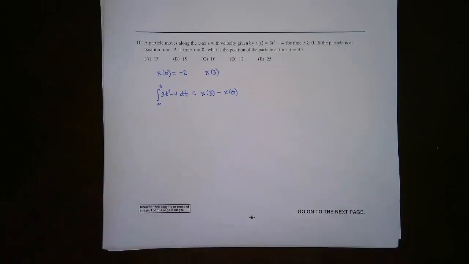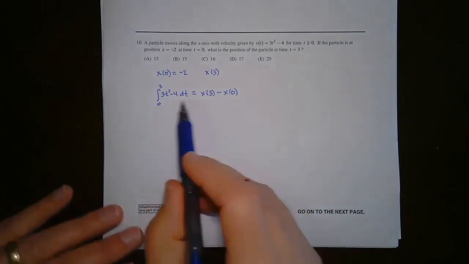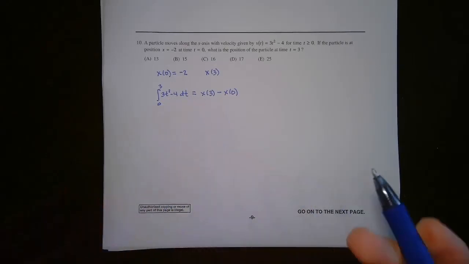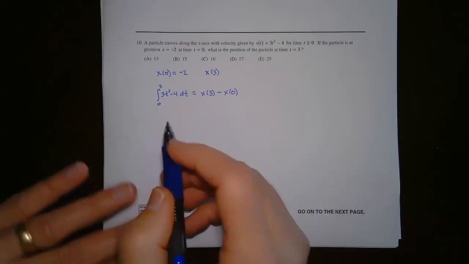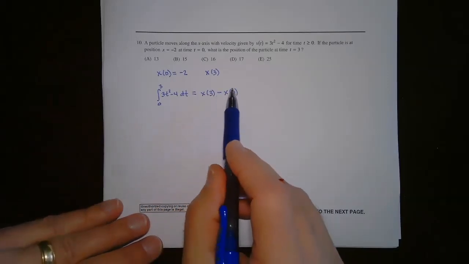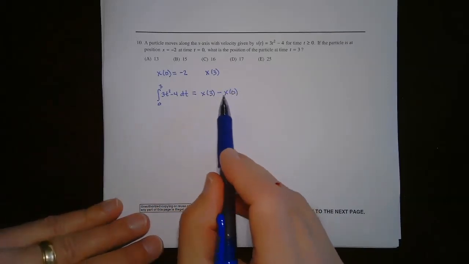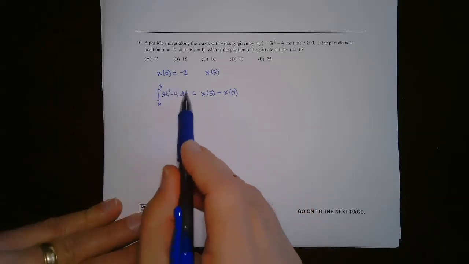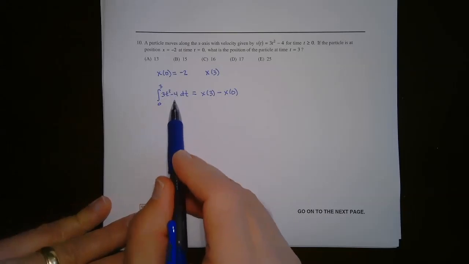This is the fundamental theorem of calculus, right? Because if this is the velocity, the antiderivative of velocity is position, which is the x of t, okay? So now to do this, I know this value right here is -2, okay? And I can calculate this one because it's just antiderivatives of 3t squared minus 4.